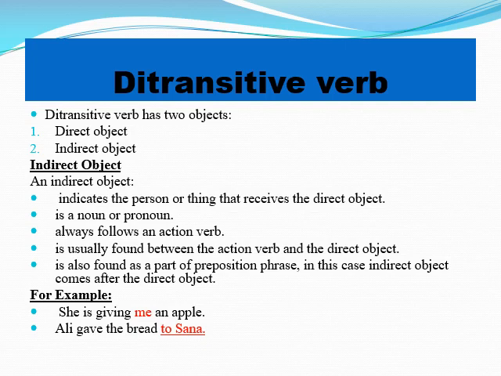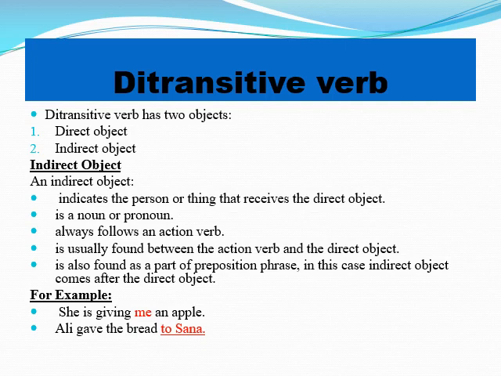Example number 1. She is giving me an apple. In this example, first identify the direct object with the test question. She is giving what? The answer is apple. So apple is direct object. Now who or what receives an apple? The answer is me. Therefore me is called indirect object.